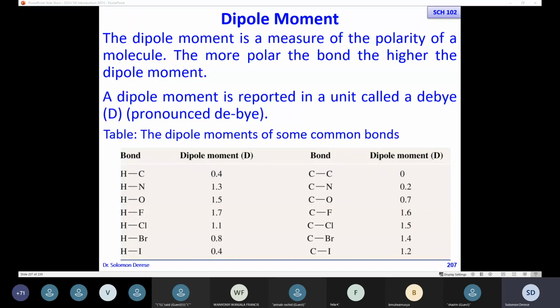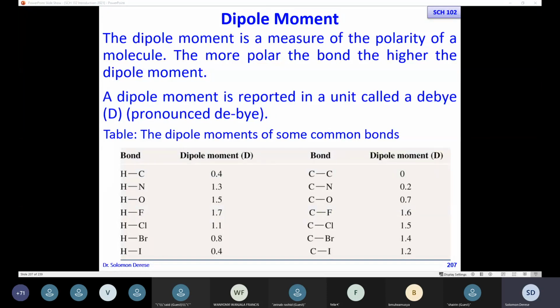The electronegativity of carbon is 2.5. That of hydrogen is 2.1. 2.5 minus 2.1 is 0.4. Okay? So on the hydrogen, you'll have a partially positive charge. On the carbon, you'll have a partially negative charge.